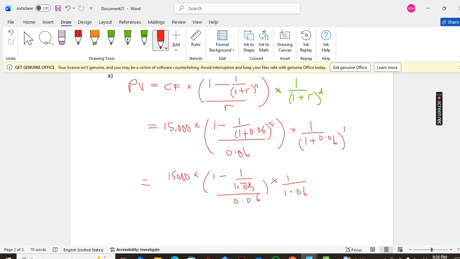Okay. Step by step. So next we're going to say 1 divided by 1.33. You get 0.751.